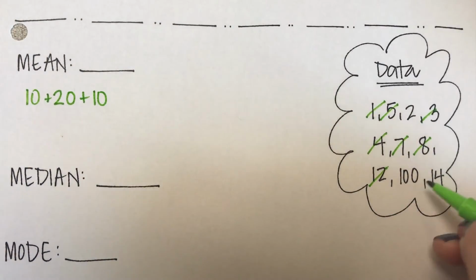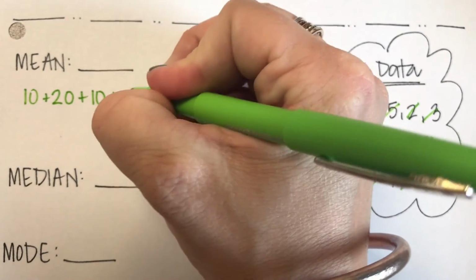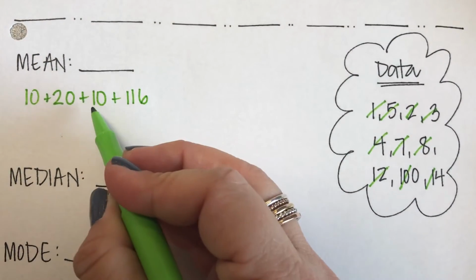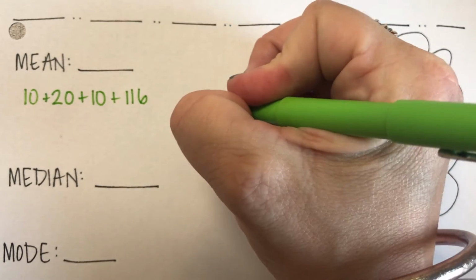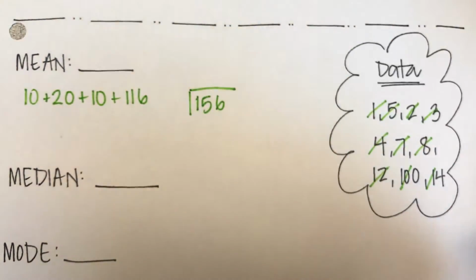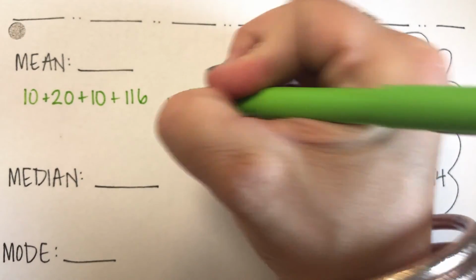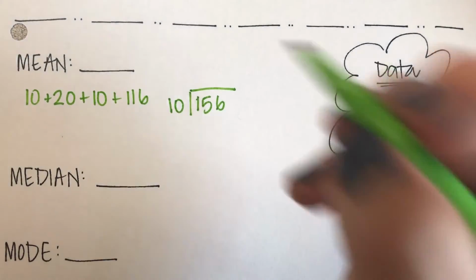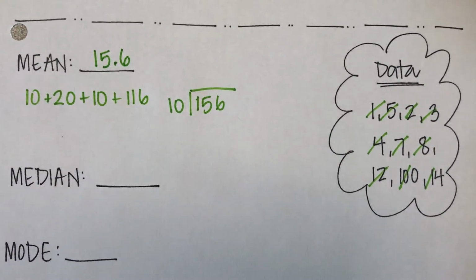And then I have 14 plus 2 is 16. So 116, 126, 146, 156. And we're dividing it by 10 numbers. So 10 goes into 156, 15.6 times.